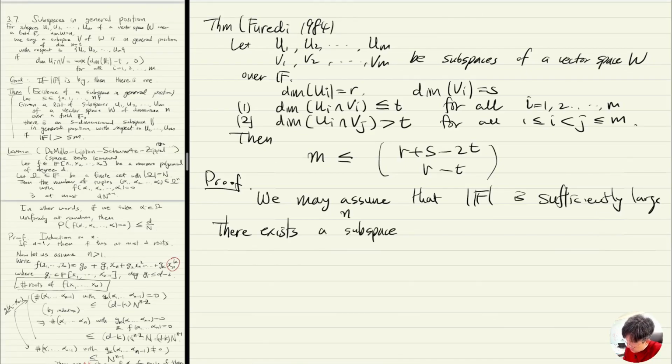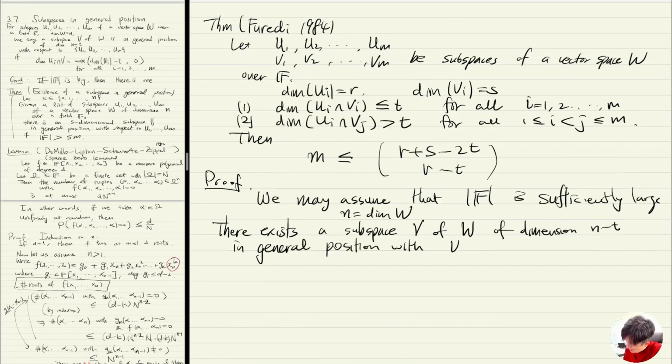Okay, so let's say n is the dimension of W. There exists V in W of dimension n minus t, which is in general position with, let's list all of them: Ui, Vi, and Ui intersection Vj for all i less than or equal to j.